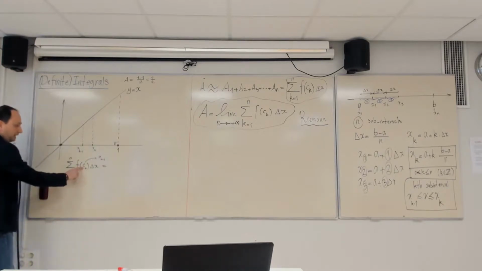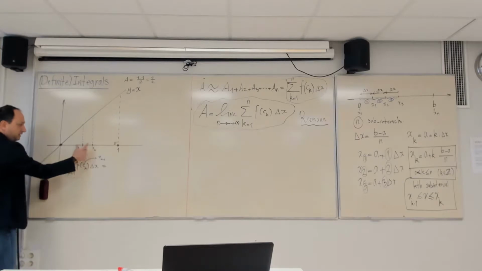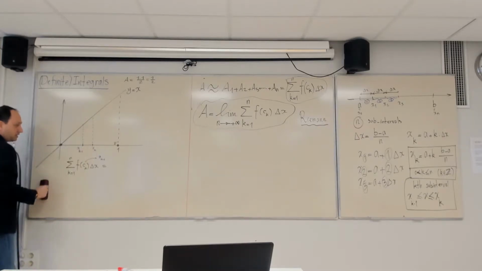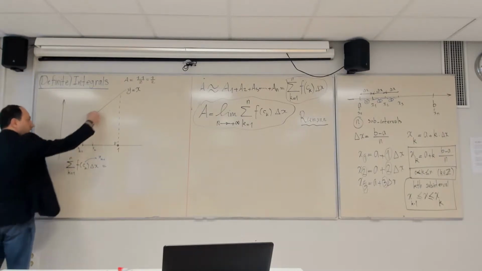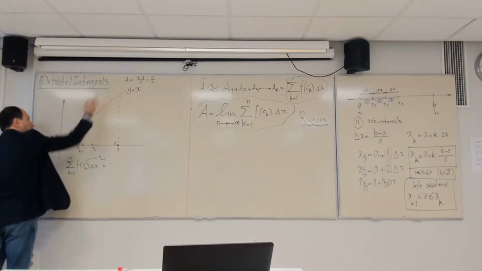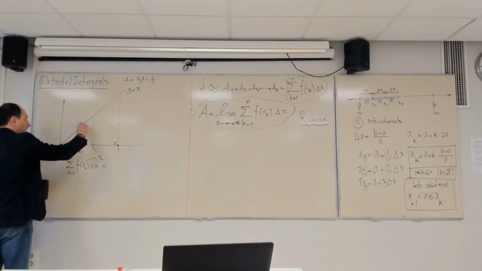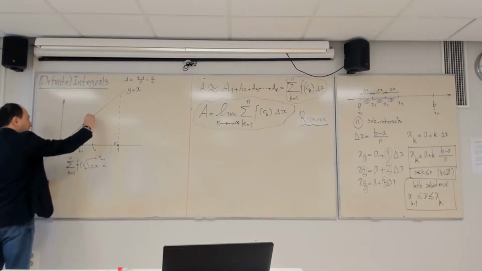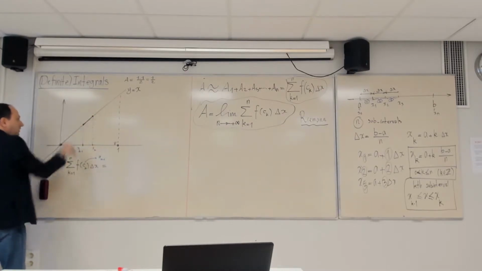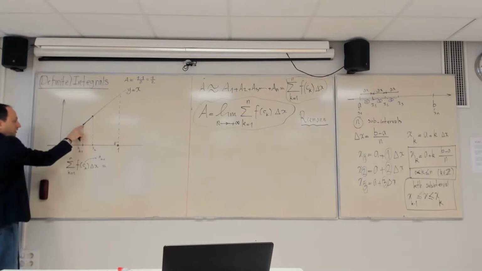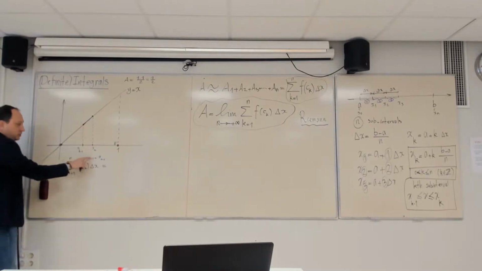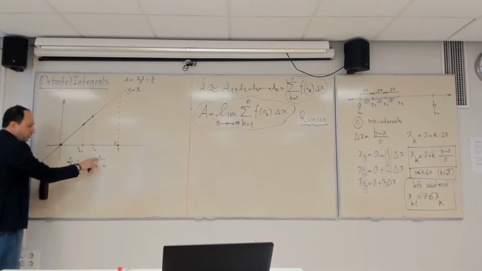Because the function is increasing all the time, within this interval the minimum value occurs at this point. So ck in this problem is xk minus 1.